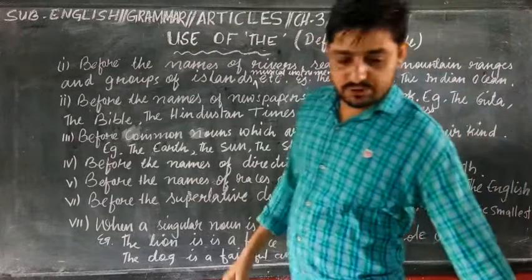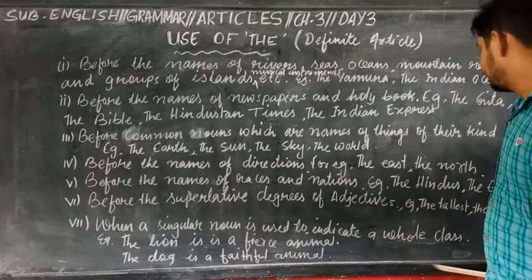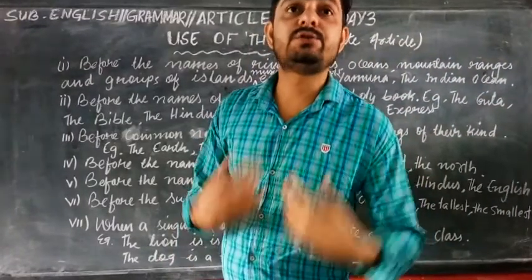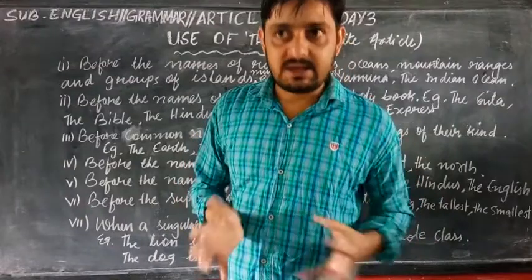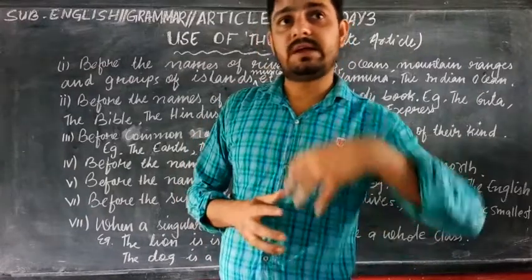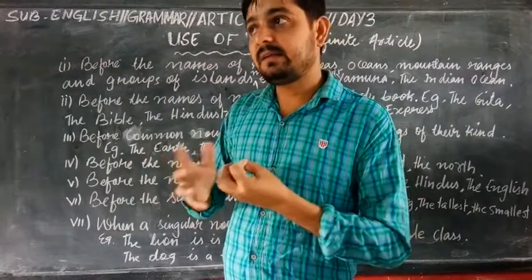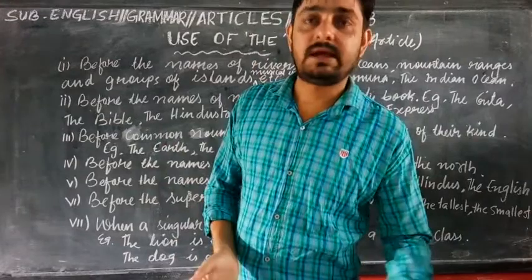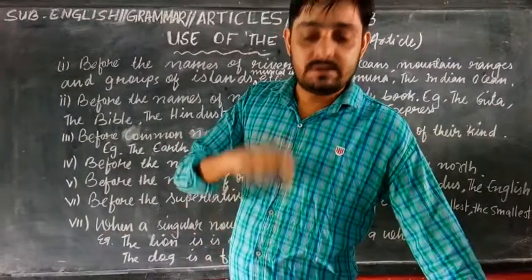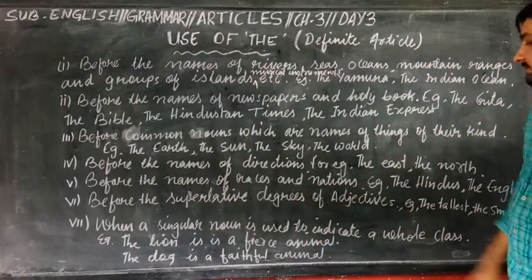Then another point: when a singular noun is used to indicate a whole class. Whenever a singular noun is used to indicate a whole class, when we talk about something which indicates a whole thing, then we can use the before that noun. Here the example is given: the lion is a fierce animal.